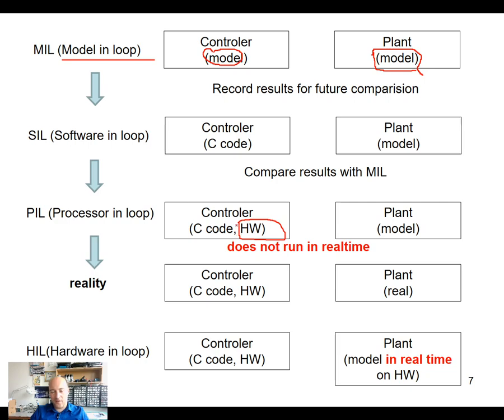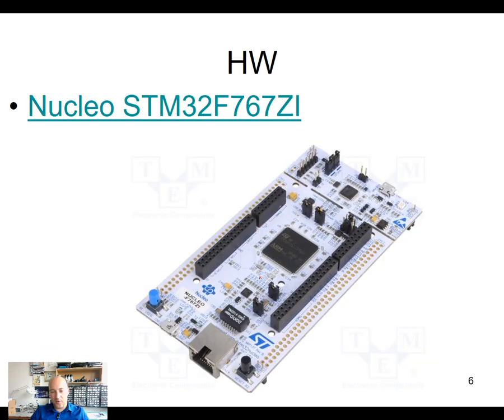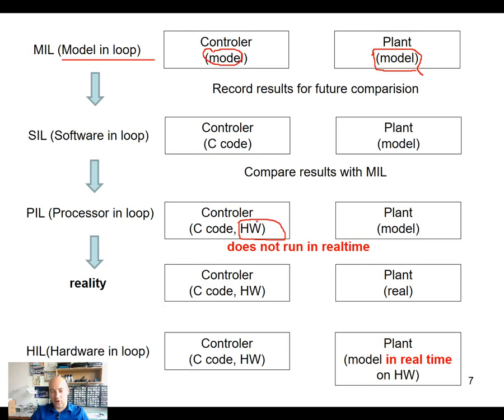This hardware could be, for example, this board. With the help of some real physical signals that you can find on those terminals, it is communicating with the plant model. The main difference between processor in the loop and hardware in the loop is that the processor in the loop does not need to run in real time. I will explain in a few minutes what this means.